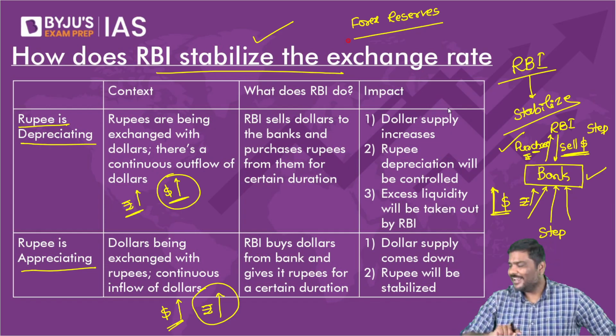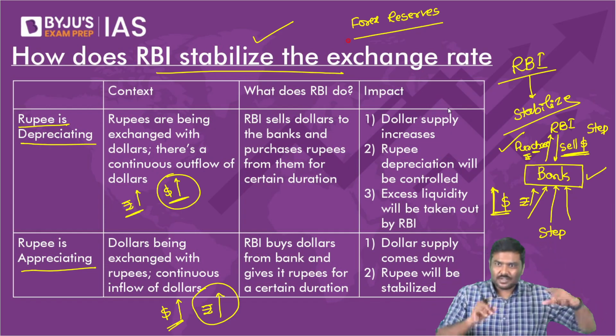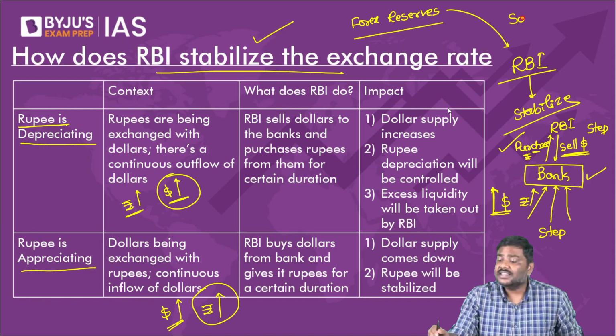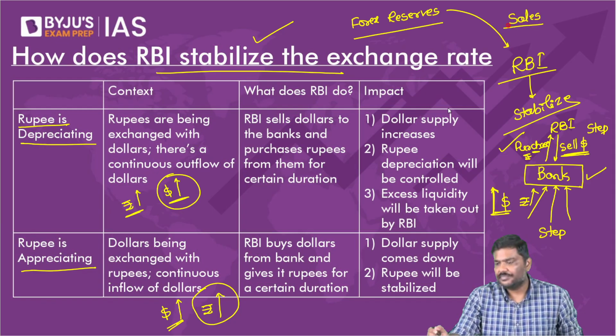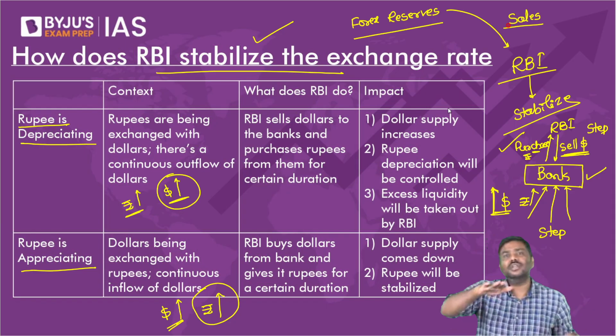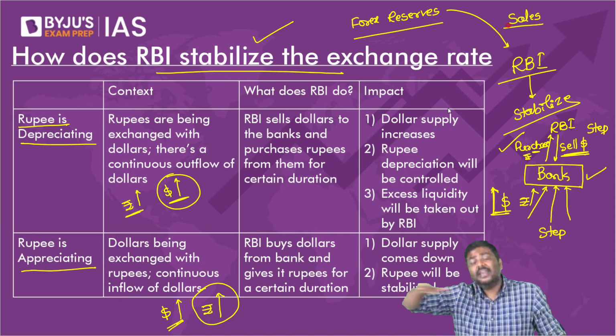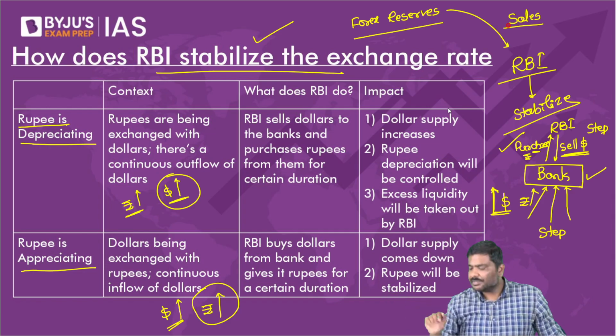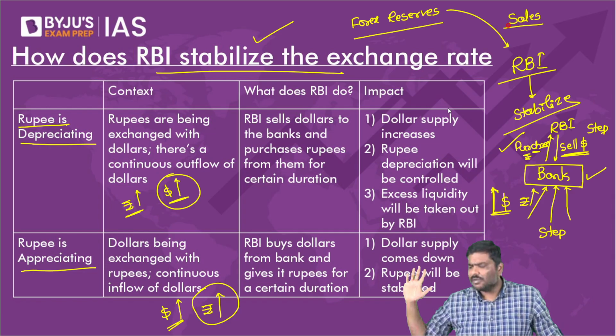RBI is the custodian and manager of forex reserves. So all of you will agree, RBI will use the forex reserves. That is, it is a sale of forex reserves. It will sell the forex reserves in the market so that the exchange rate is stabilized.